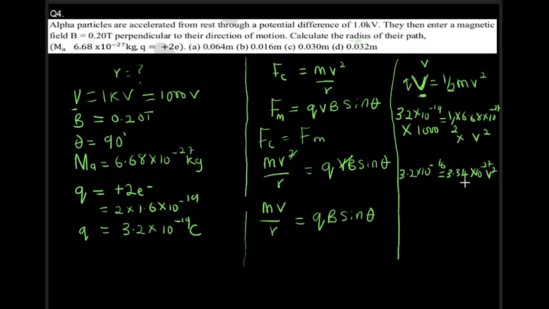So to get v, you divide both sides by this.